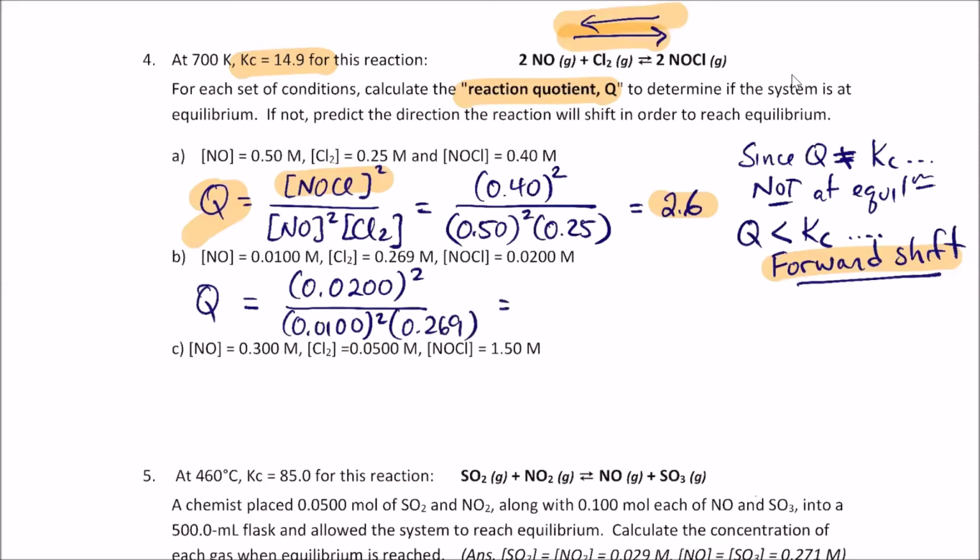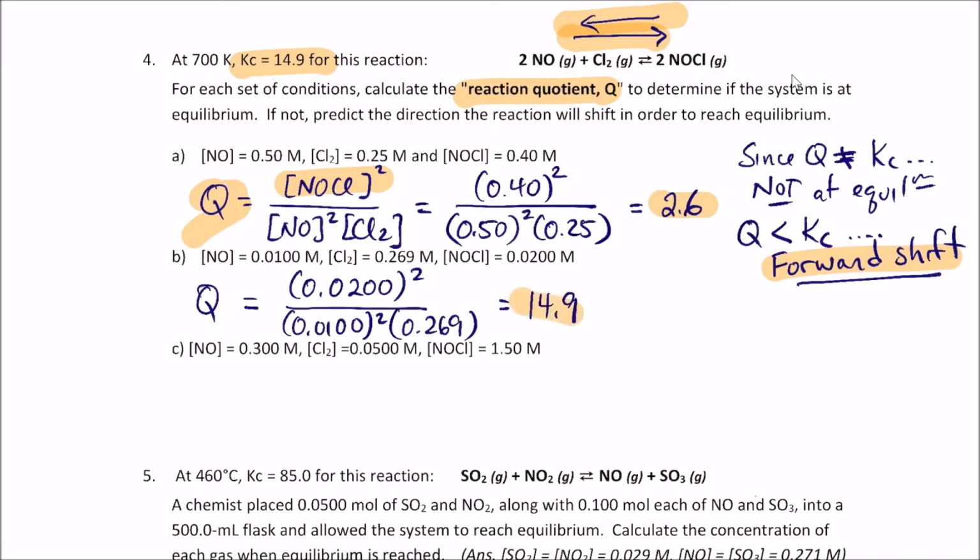What does this set of conditions give you for Q? 0.02 squared divided by 0.01 squared divided by 0.269. Do you get 14.9? Yes.